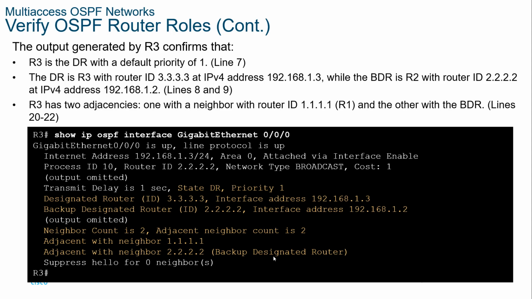So again, looking at show ip ospf interface, you can see the router ID, the router state, the priority, the adjacencies, and which routers are classified as the DR and BDR.